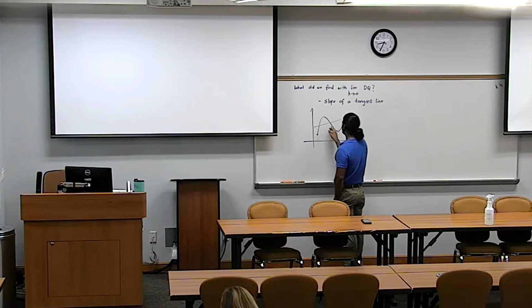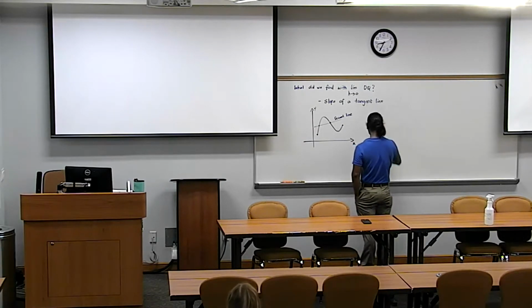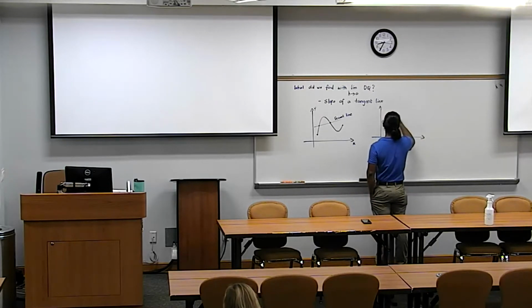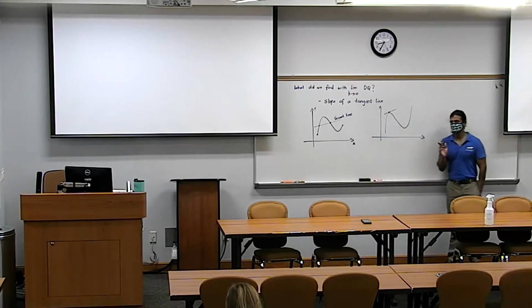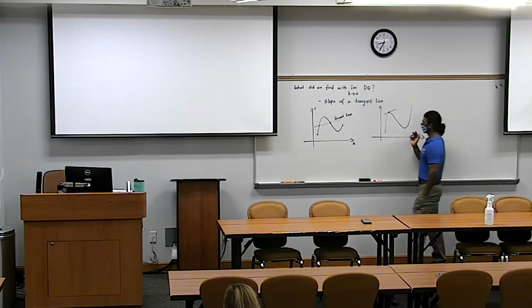Well, on any interval, a line that touches 2 points on a curve, so it touches there and touches there, that is what we call a secant line. But on the other hand, if you want to find a line that touches a curve at exactly 1 point, then that line is what we call a tangent line.